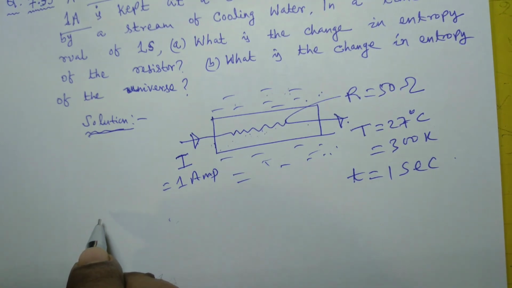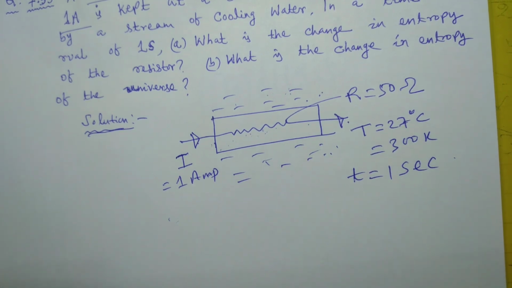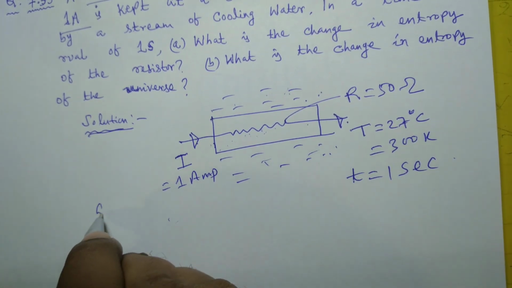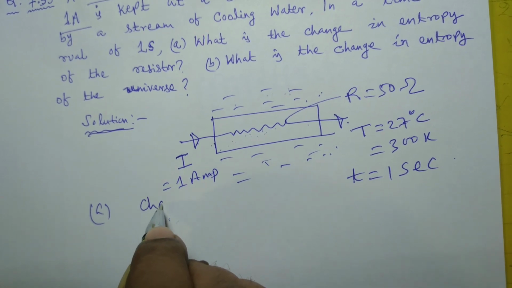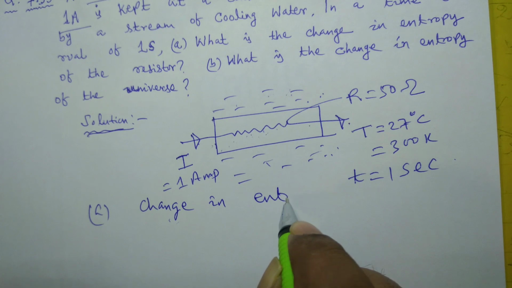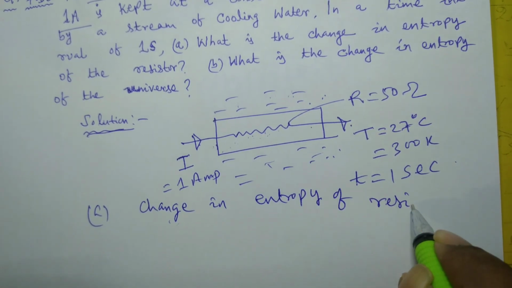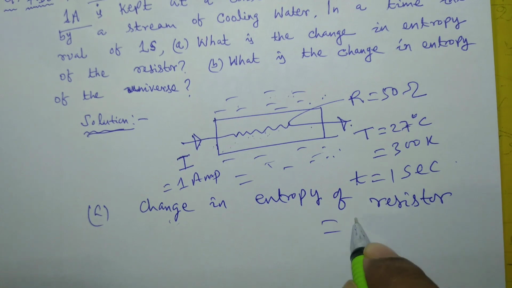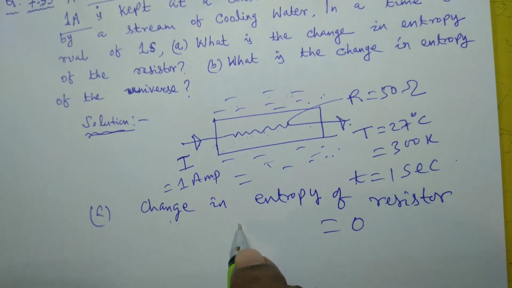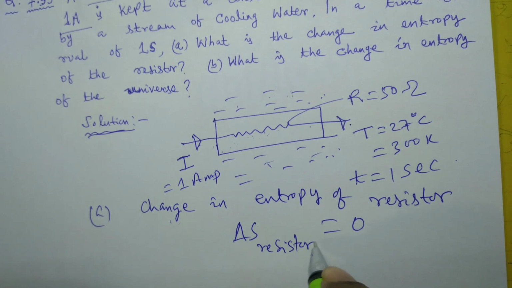Whenever a body is in steady state, its properties don't change with respect to time. So the change in entropy of the resistor is 0 because it is already in the steady state. Delta S of resistor is 0.